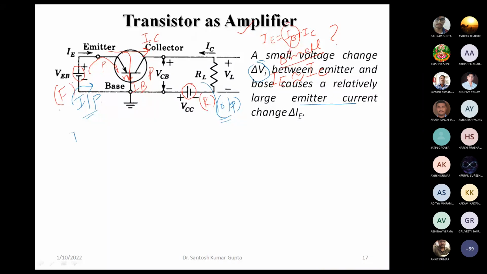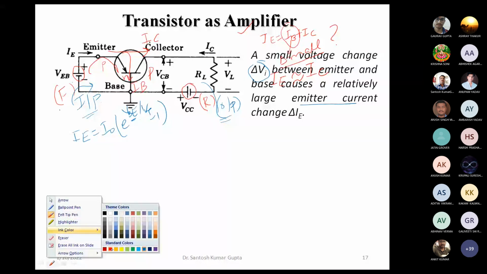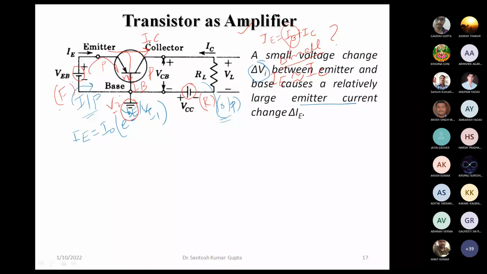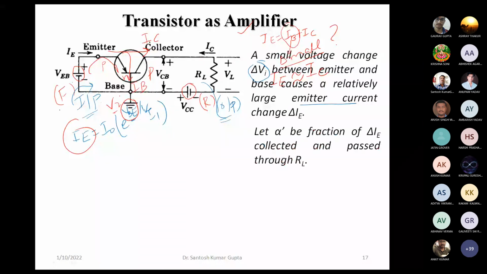We related a little while ago that IE is proportional to exponential of VEB by VT minus 1, a diode-like behavior, given that the emitter-base junction is forward biased. So a small change in the input voltage VI changes the current IE by a huge amount, and a larger component of this IE is collected by the collector and passed to the output load.